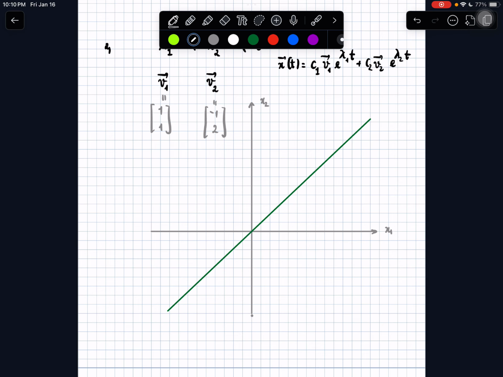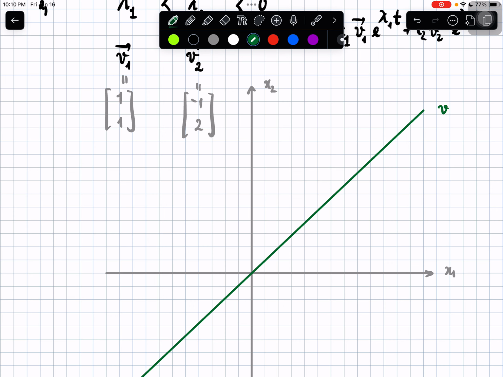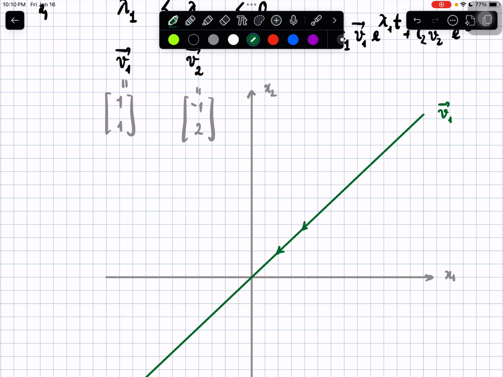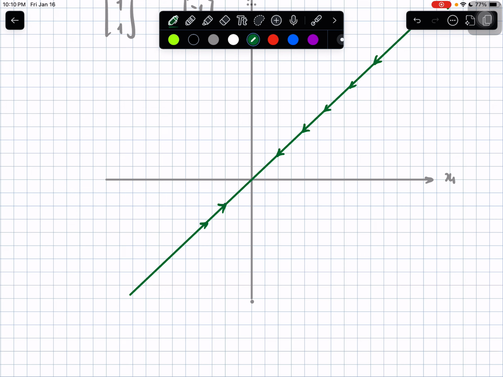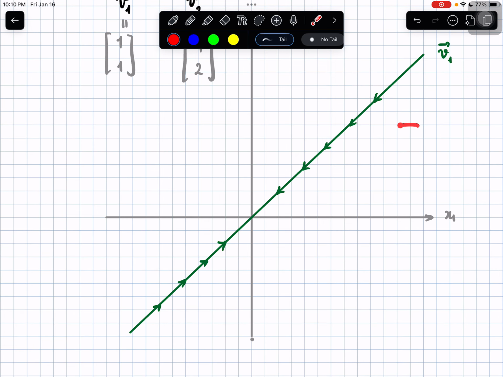So along this line, which corresponds to v1, it will go to the origin. At least you know that when t goes to plus infinity, it goes in this direction. For example, on this line, say t equals 0 is here, but when t goes to infinity it goes like this, and this side corresponds to minus infinity for the time.